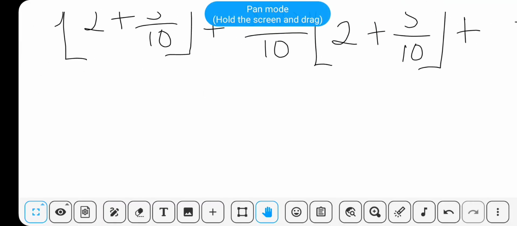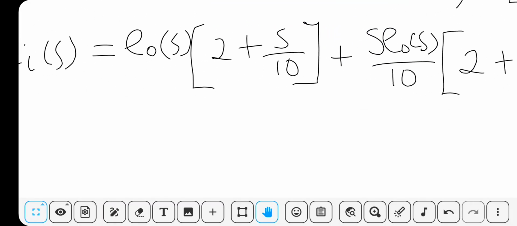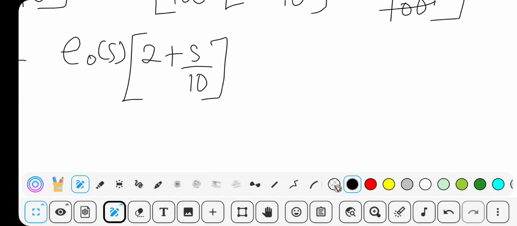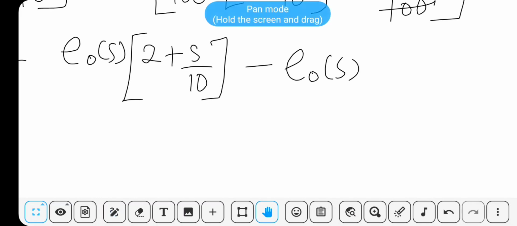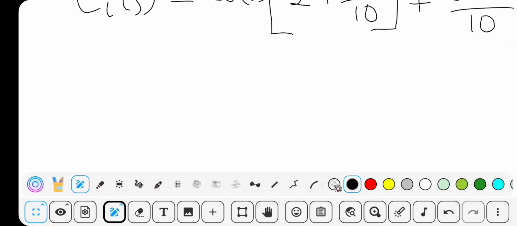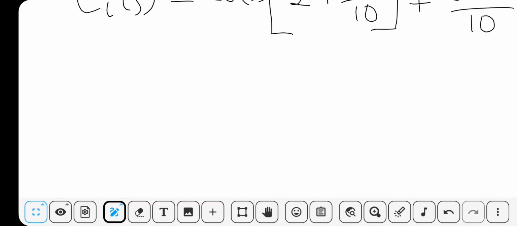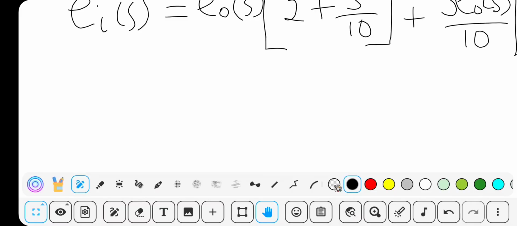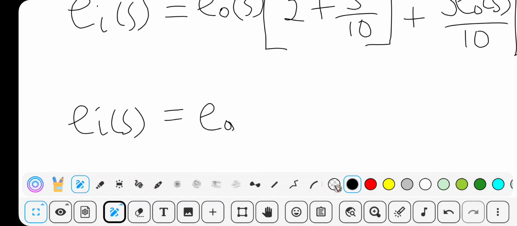So minus E naught of S. So now, as you can see, we can factorize E naught of S from the right hand side.